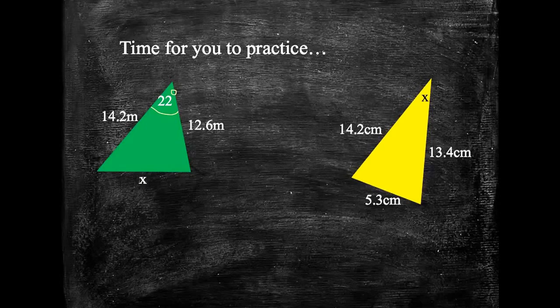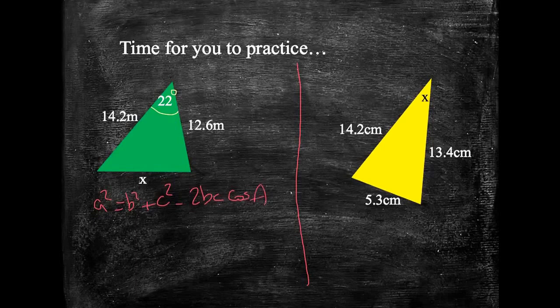Okay, so hopefully you've had a go, and for the one on the left hand side, you should have used the formula that you're given in the formula booklet, which is a squared equals b squared plus c squared minus 2bc cos A. Type all your values in.